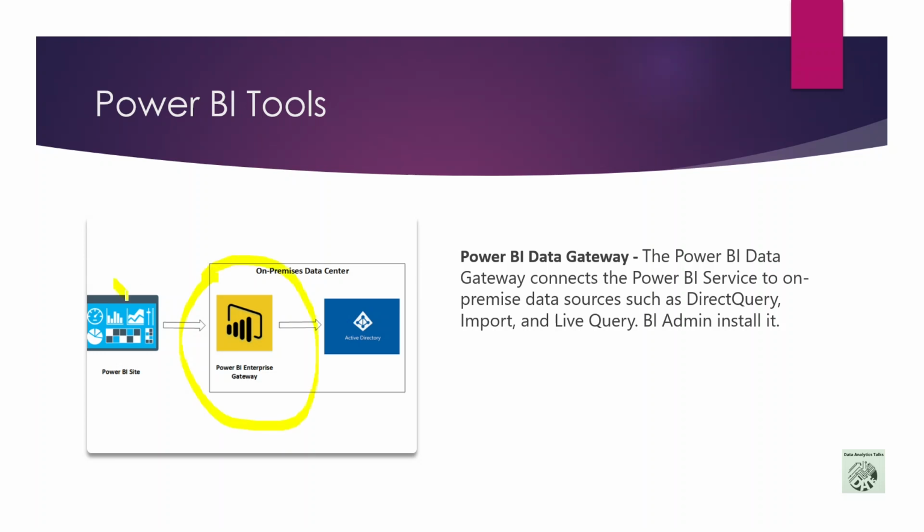So we have Power BI service, and we have your data sitting in the organization. If you want to connect, then we should use a Power BI Enterprise Gateway. What's a gateway? The Power BI Data Gateway connects Power BI service to on-premise data sources such as direct query, import, and live query. The BI admin installs a Power BI Enterprise Gateway.